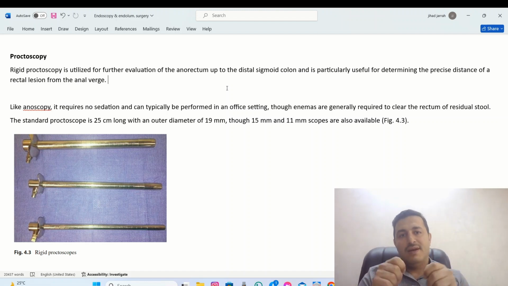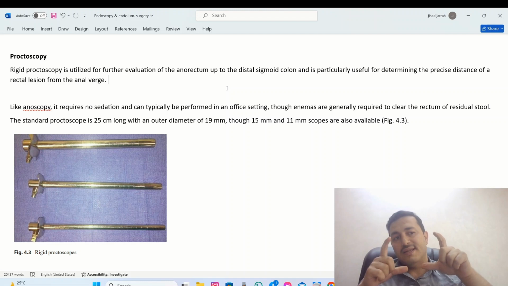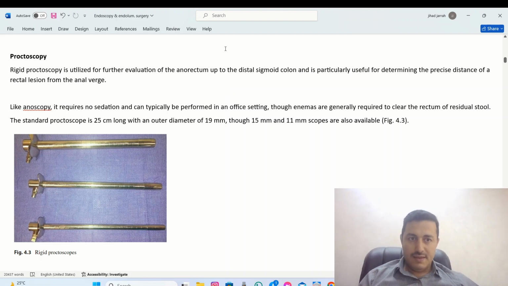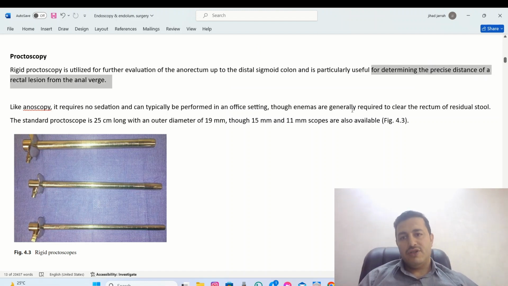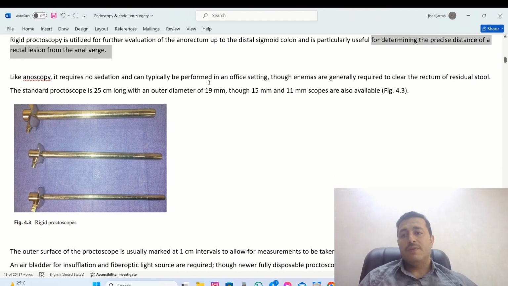It's not flexible, so the distance that we determine will be exact. Determining the precise distance of any region from the anal verge is precise. This is one of the advantages.